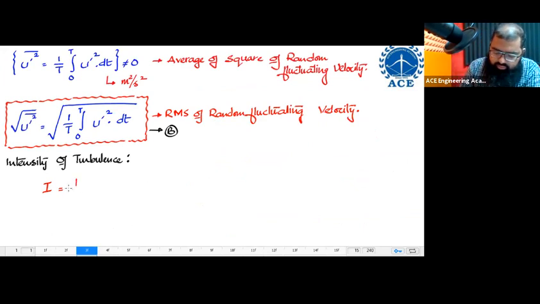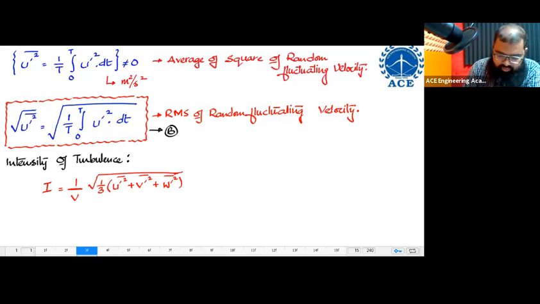The value of intensity of turbulence I is 1 by V, root over of 1 by 3 into u prime square bar plus v prime square bar plus w prime square bar. Okay, this is the value you are going to have for intensity of turbulence.